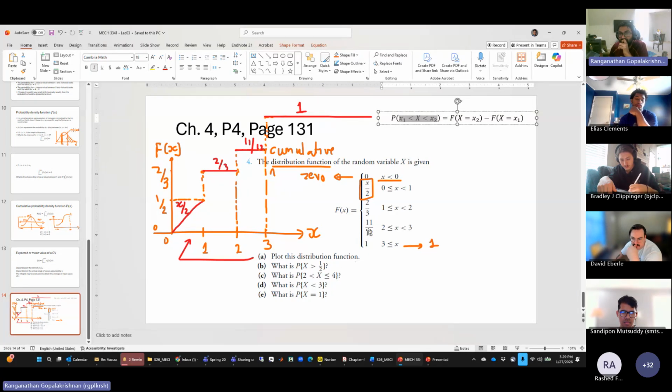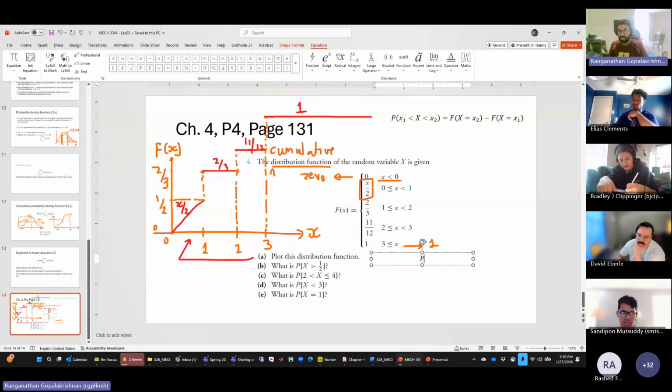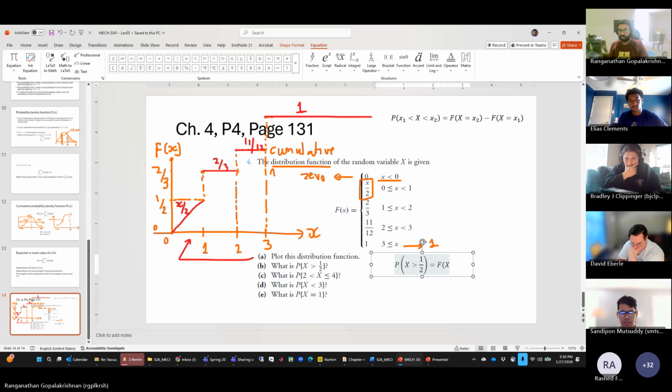So in this case, if I want the probability of x greater than 1/2, what would I do? I would write the function at x equals 3 minus the function at x equals 1.